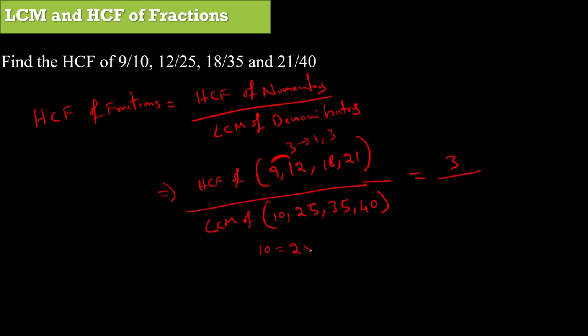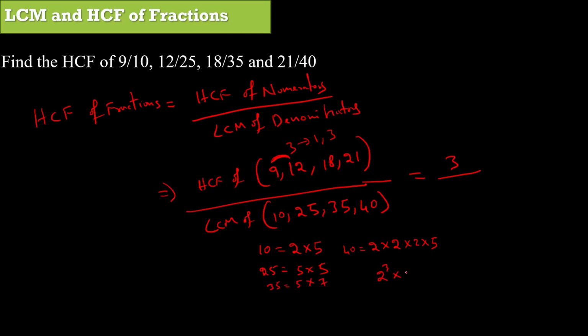Now, how to find out the LCM? For LCM we can go for the division method or we can write in terms of prime factors. 10 can be written as 2 into 5 and 25 can be written as 5 into 5. 35 can be written as 5 into 7 and 40 can be written as 2 into 2 into 2 into 5. And what is the LCM? We need to take the product of all prime numbers with highest degree. So 2 is there, but what is the highest degree of 2? 2 cube.